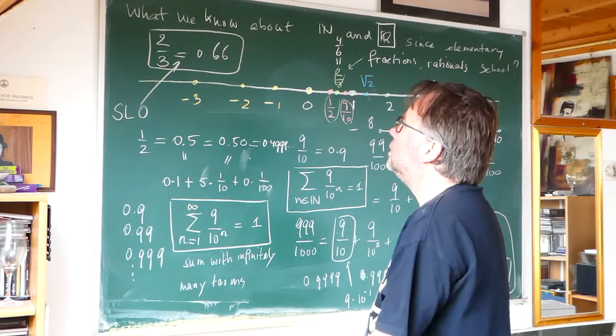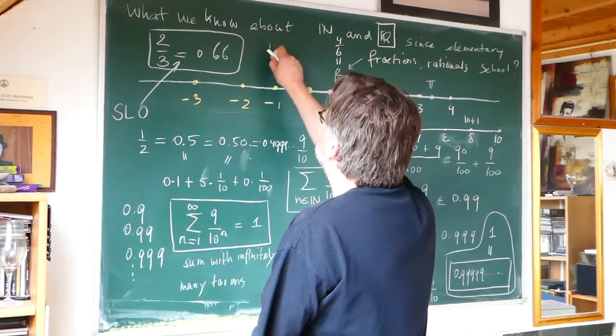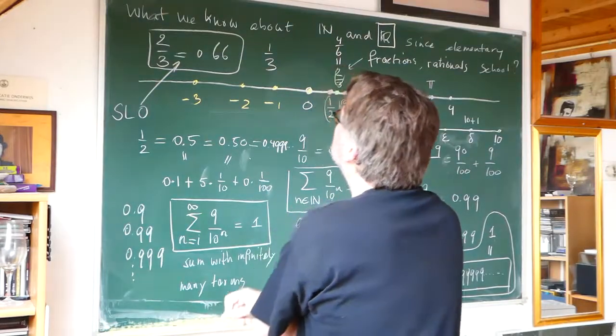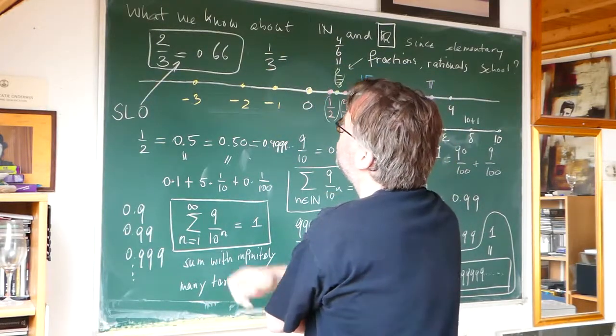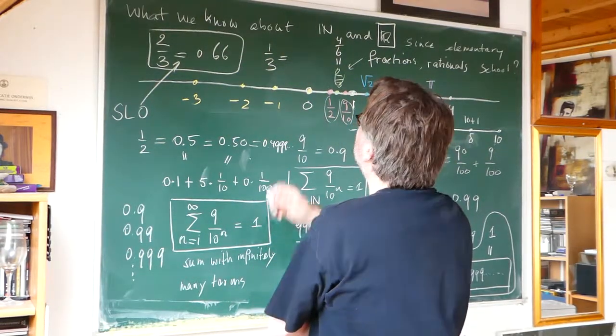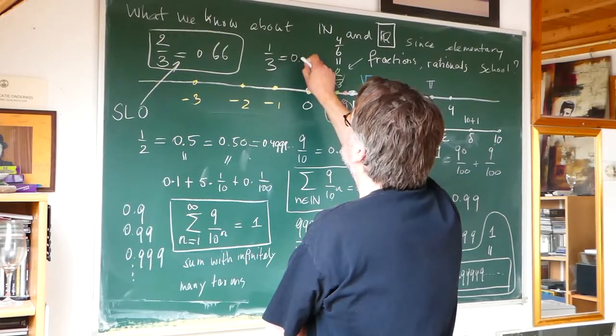And there's also 1 over 3. It's not so clear. If 2 over 3 is 0.66, then 1 over 3 is of course 0.33.